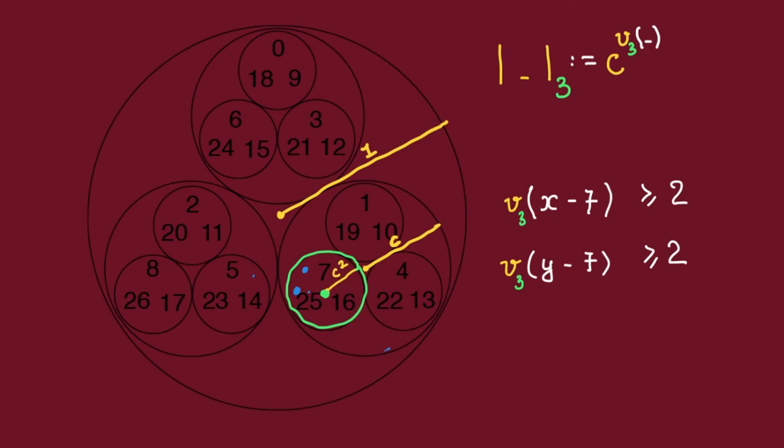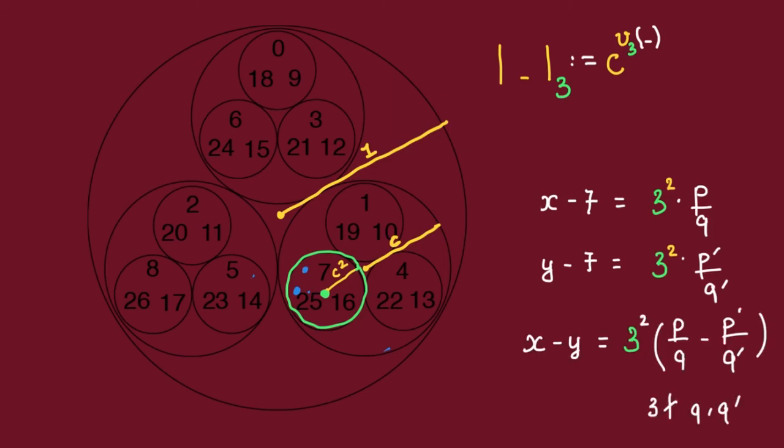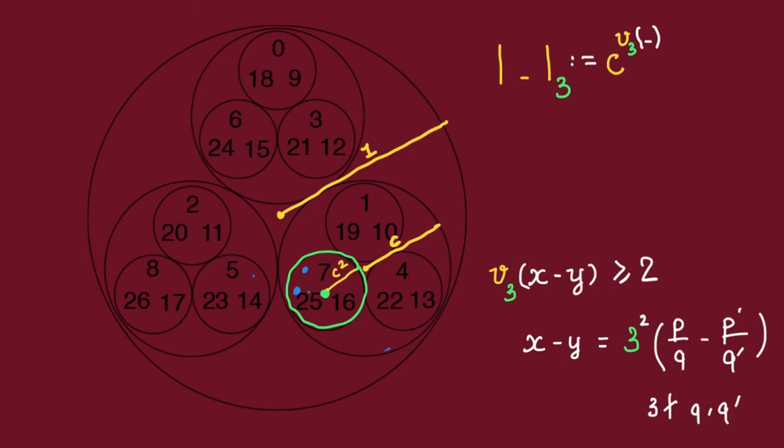Now, by definition of three-adic valuation, this just means that x minus 7 and y minus 7 are divisible by 3 squared. This means that x minus y must also be divisible by 3 squared, or even more powers of 3. This means that the three-adic valuation of x minus y must be greater than or equal to 2, and so its three-adic absolute value must be less than or equal to c squared.